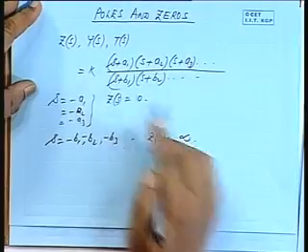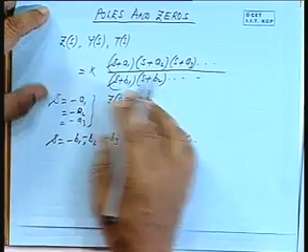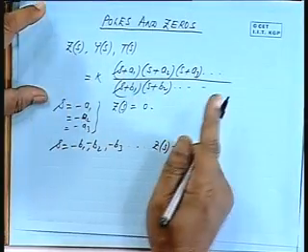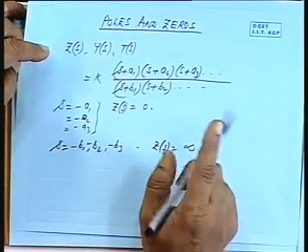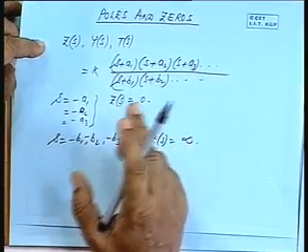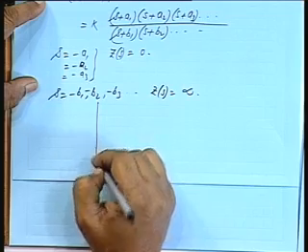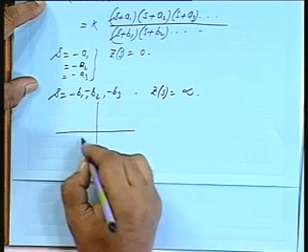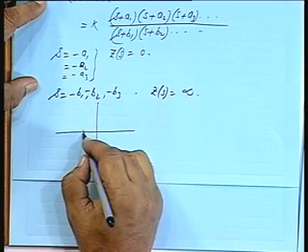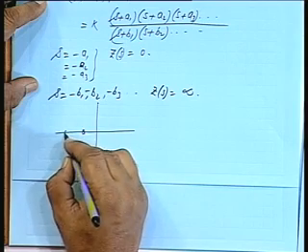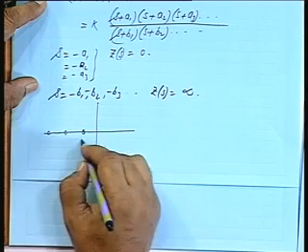They may not be so explicitly given, it may be any function, but wherever the function becomes infinity, we call them poles. Wherever the function becomes 0, we call them zeros. So, in the complex S plane, we may have minus a1, a2, a3 and so on.